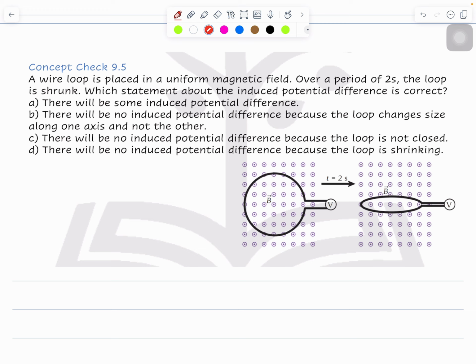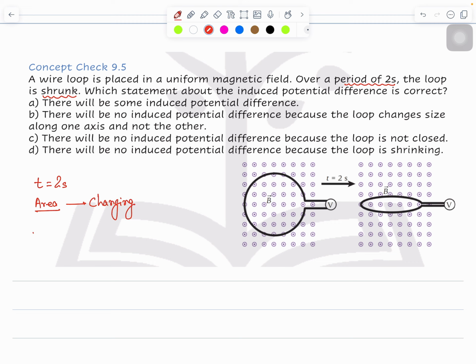Concept check 9.5. A wire loop is placed in a uniform magnetic field. Over a period of 2 seconds, time is given as 2 seconds, the loop is shrunk. Guys, just try to understand, the area is changing, yes or no?